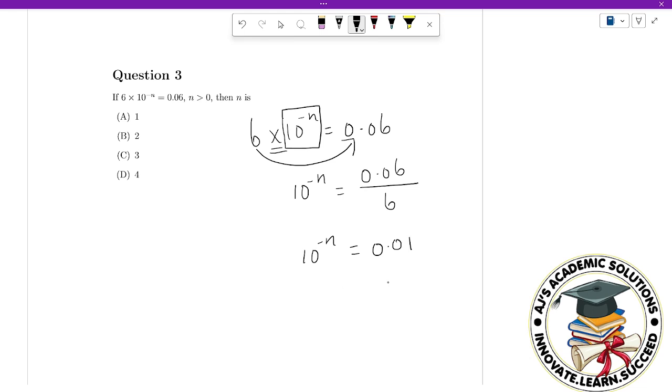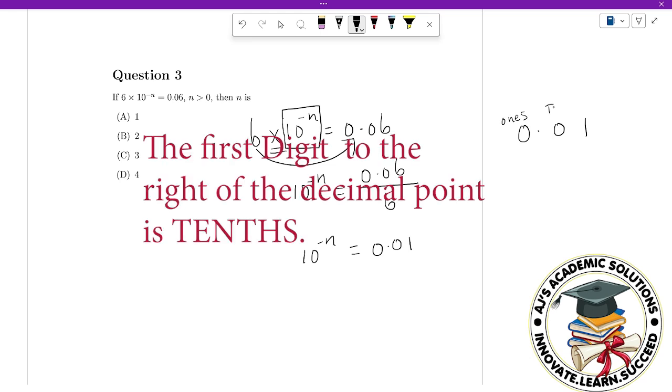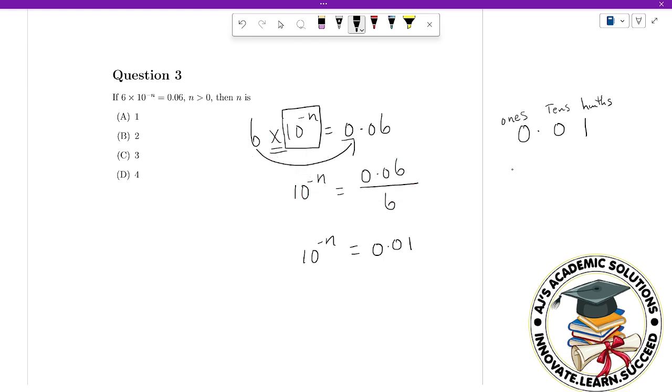Now, to rewrite 0.01 as a power of 10, it's actually pretty simple. So let's go back into a little bit of the basics here. 0.01. So here is our ones, this is our tens, this is our hundreds. So I'm just going to put THS here. With that being said, hundredths, we know the power needs to be 2.